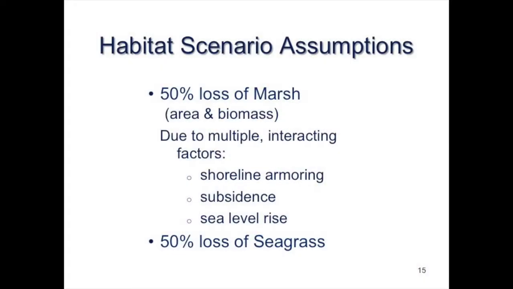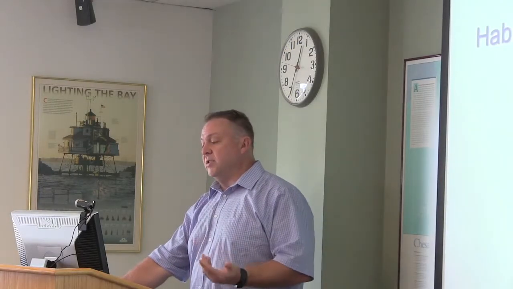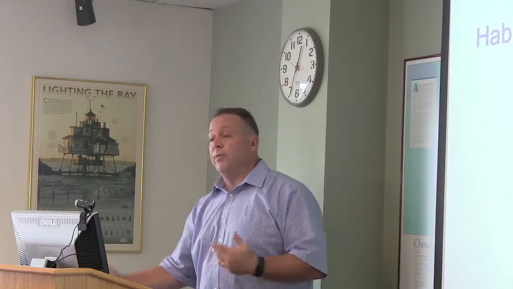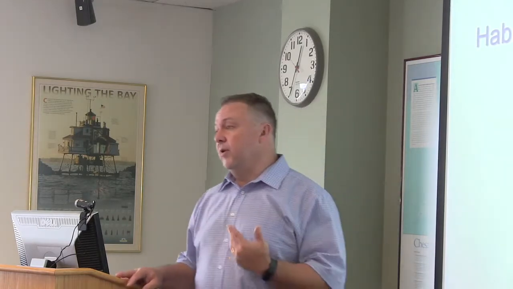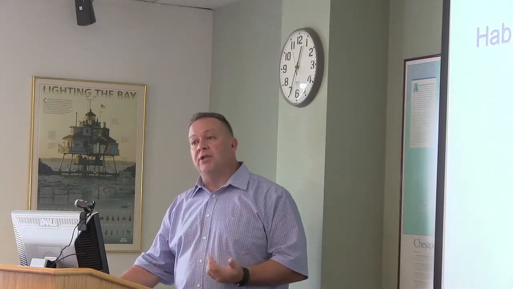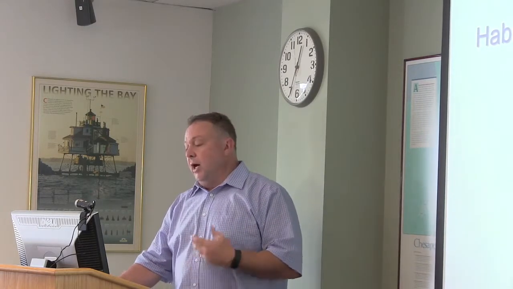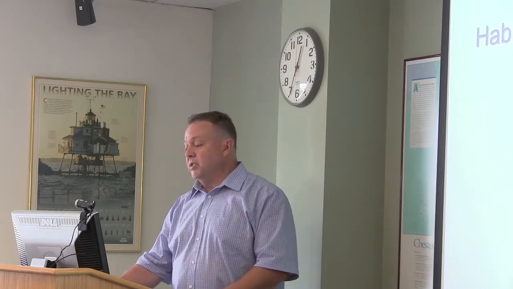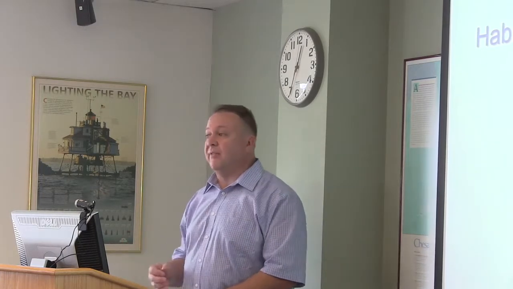So we're talking about an assumption of a 50% marsh loss in the next 50 years. This is not an arbitrary number. I know it sounds arbitrary, but this is a number that came up through our work with the VIMS habitat folks, and it's due to a combination of factors. It's shoreline armoring, subsidence that's taking place, and sea level rise.